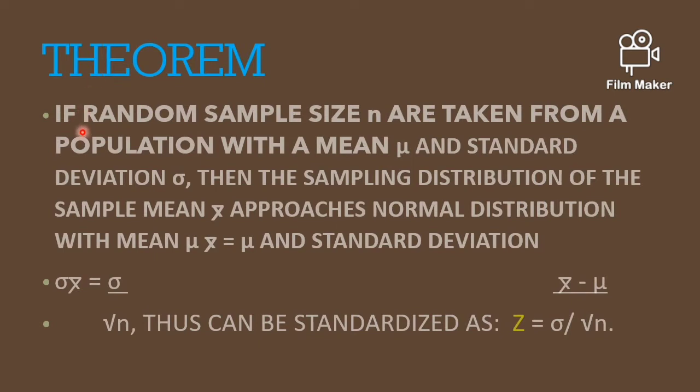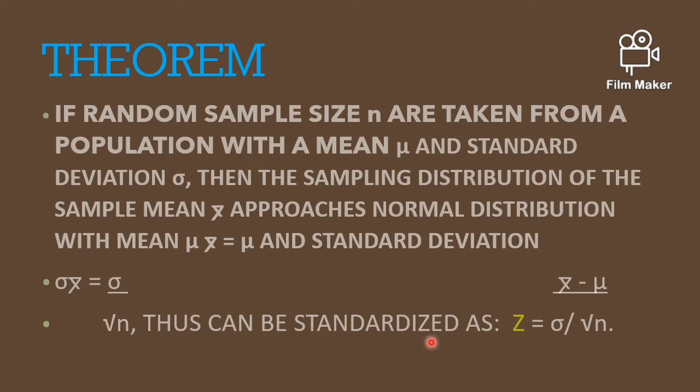For this theorem, if random samples of size n are taken from a population with a mean and a standard deviation, then the sampling distribution of the sample mean approaches the normal distribution with the mean or expected value equal to the mean, and the standard deviation equal to the standard deviation divided by square root of n, where n is the sample size.